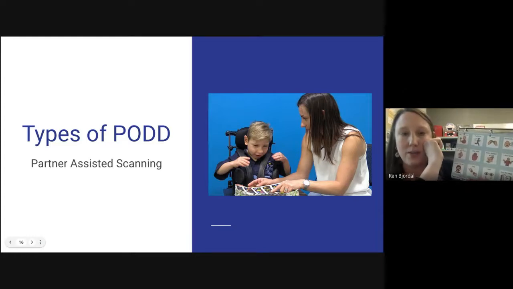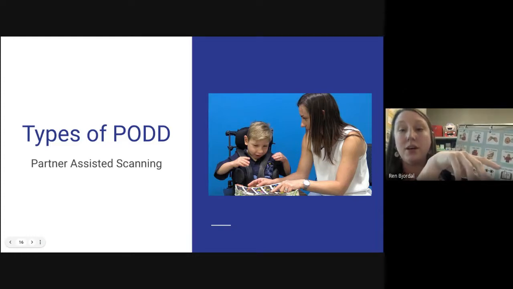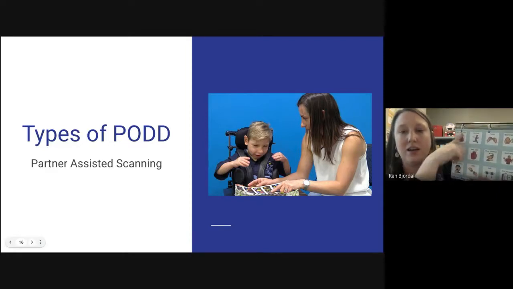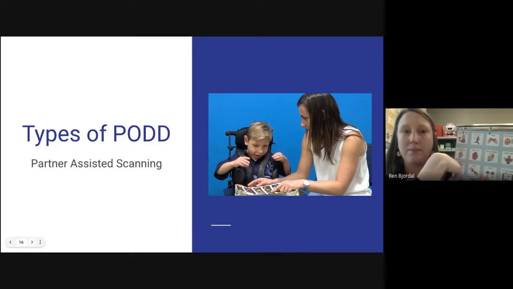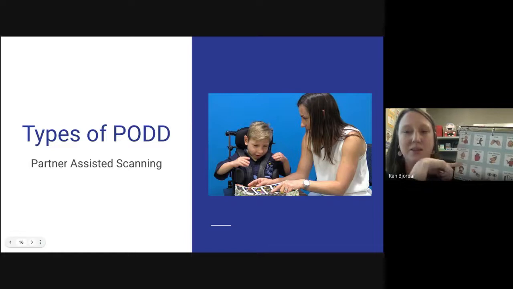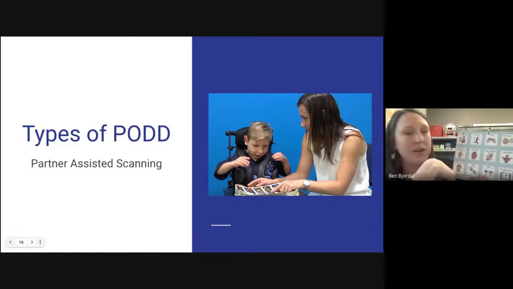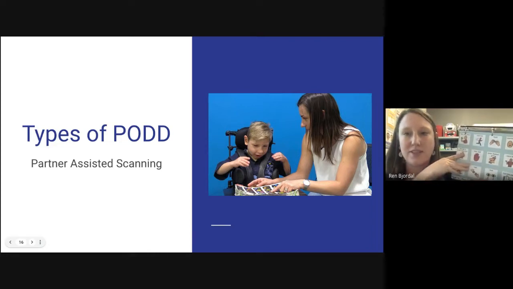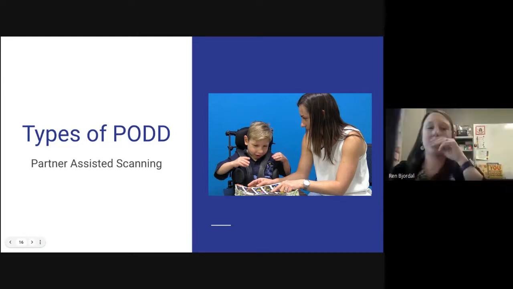The student I worked with in the example in this video, he uses his head to indicate what he is selecting. But others might use a verbal or vocalization. They may have a yes, no response. It's going to be really individualized. But if they don't indicate they want one of these 3, then you'd go on to the next column. So it is a little bit time consuming, but I've seen some really great success. And I'm hopeful that you will be able to see that in the video that I attach later.